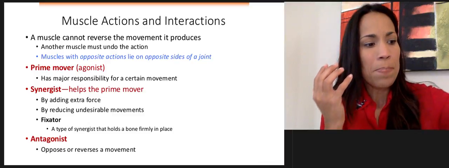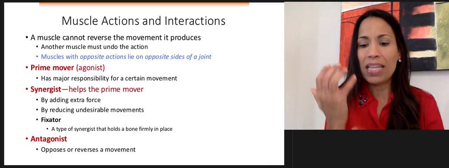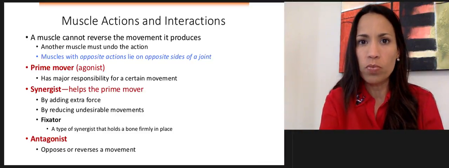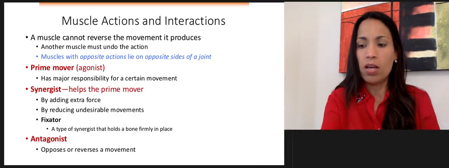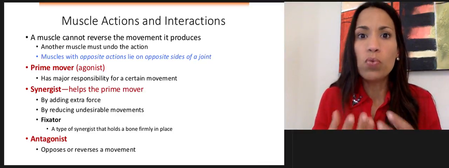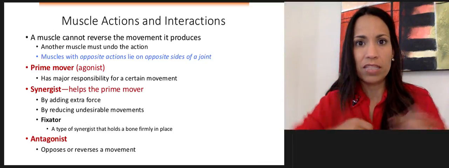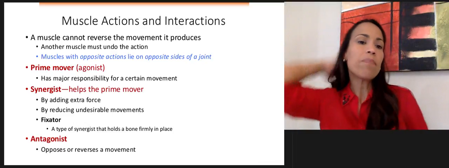Antagonists usually contract eccentrically to allow the movement, to reverse the movement, working against gravity, to make it smooth, slowing the movement, not jerking the movement. Okay.